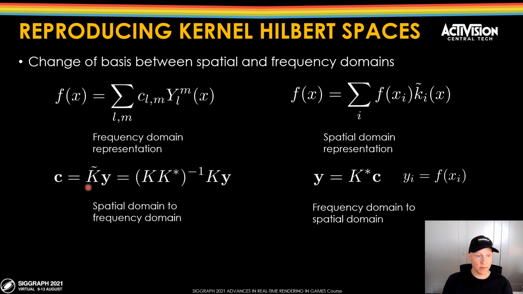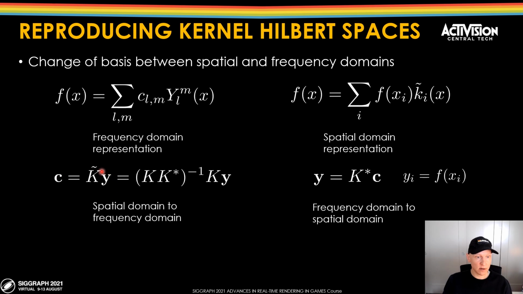Together, the dual basis matrix and the basis matrix and its adjoint or transpose define two change of basis operators that we can apply to go from the frequency domain representation to the spatial domain representation and vice versa.